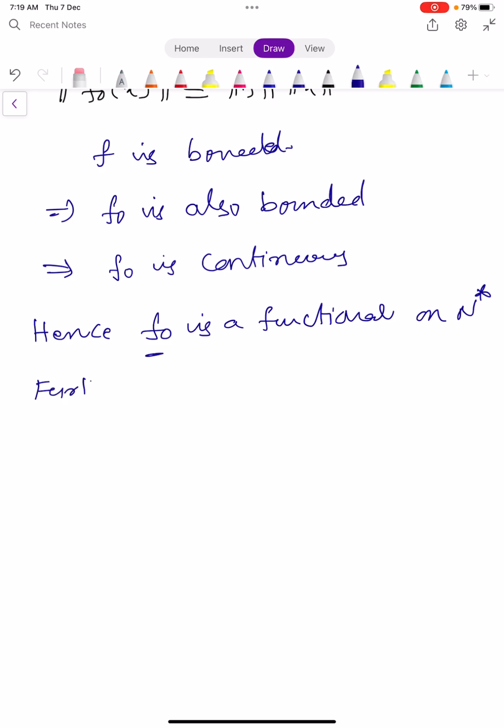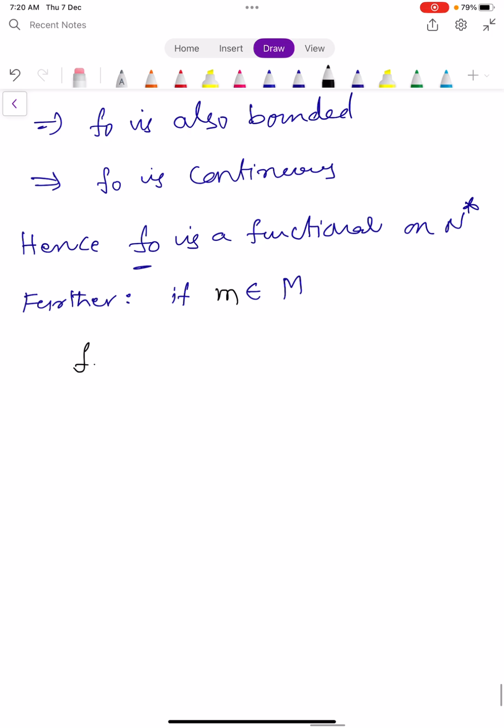Further, we have to show one more condition. If small m belongs to capital M, then f naught of m is equal to f of T of m, which is equal to f of 0, which is equal to 0.